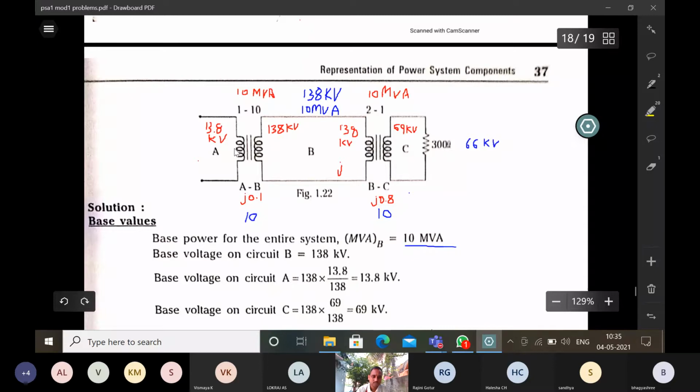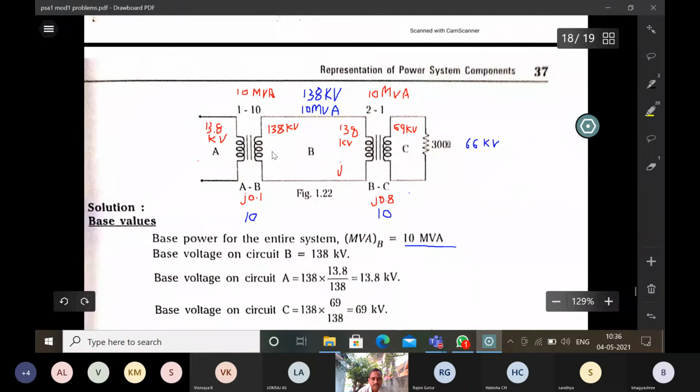Similar to this AB section, we need to find either the HT side or the LT side. Suppose I want the LT side base voltage at point A. Here 13.8 is the old value, near the LT section. To calculate the base voltage, it is equal to HT voltage into LT voltage rating by HT voltage rating.